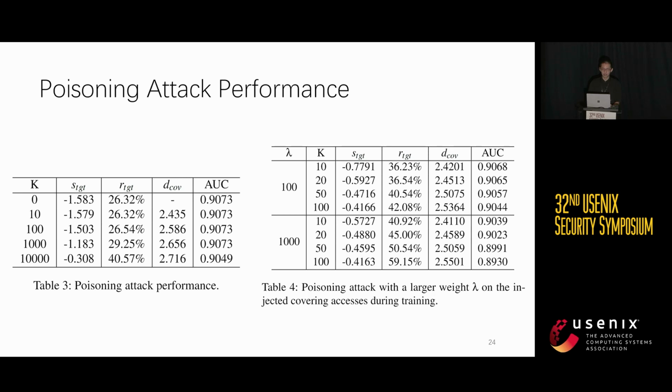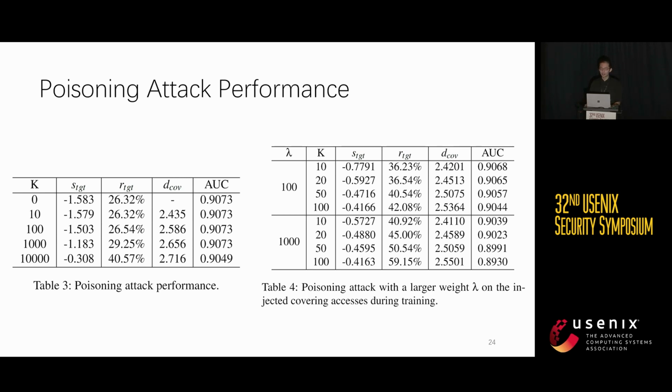Here we show the attack success rate again, as our target in the table. We can see in the left table that the poisoning attack cannot work unless we inject a very large number of accesses, like 10K edges in 1 week.